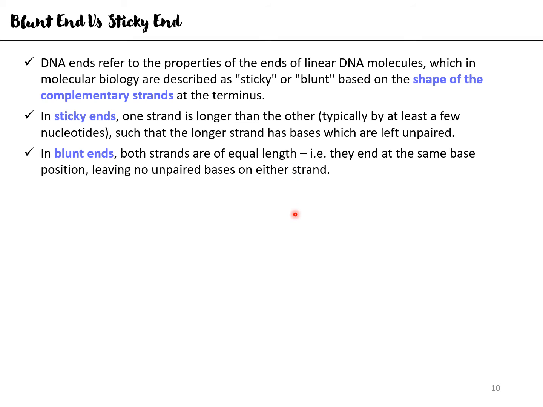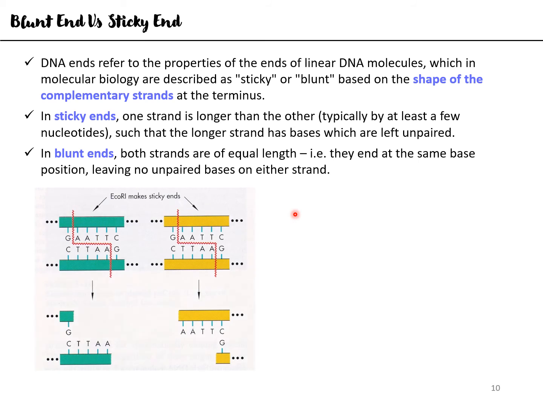Whereas in blunt ends, both the strands are of equal length. That is, they end at the same base position, leaving no unpaired bases on either strand. And therefore, they do not have this tendency of annealing. Because if there are no unpaired DNA nucleotides, then what will anneal? You require unpaired nucleotides for annealing. So EcoR1 makes sticky ends.